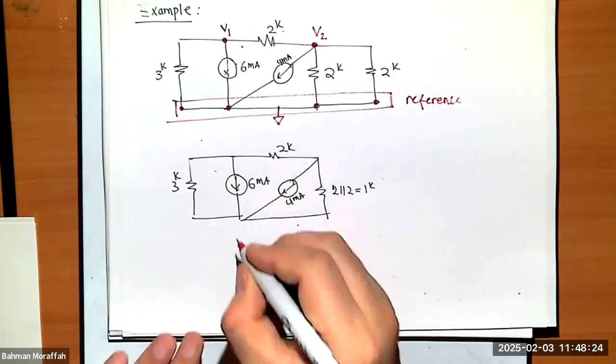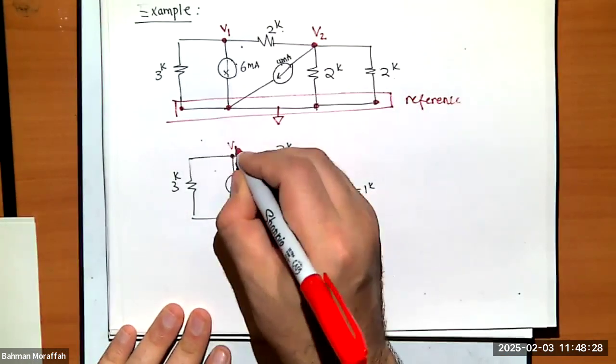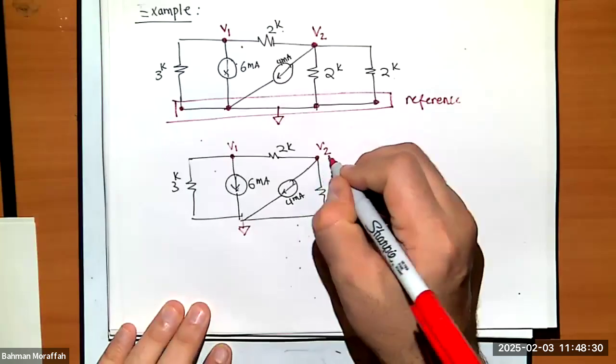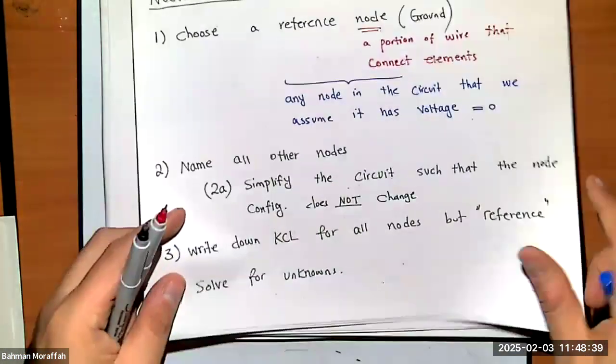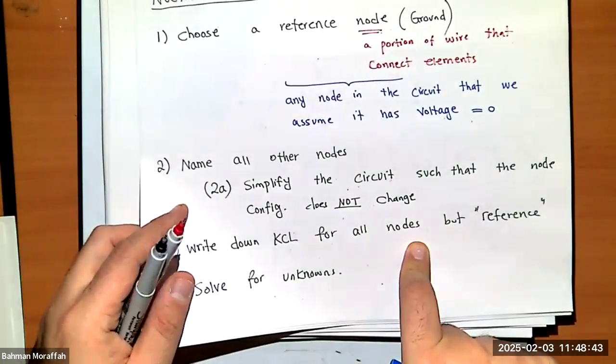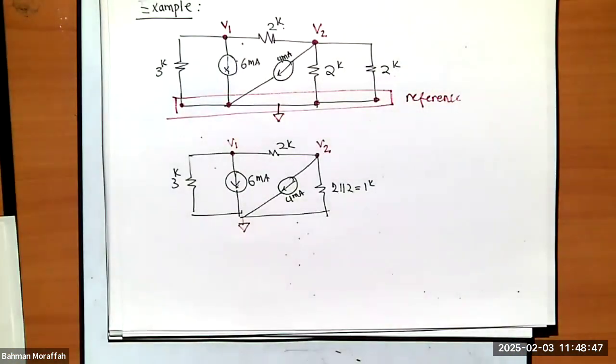The rest remains the same. This guy down here is still my ground. This is still V1, and this is still V2, right? What is the third step? Write down KCL, right? I'm going to have to write down KCL for every single node but the ground. Well, let's do it.